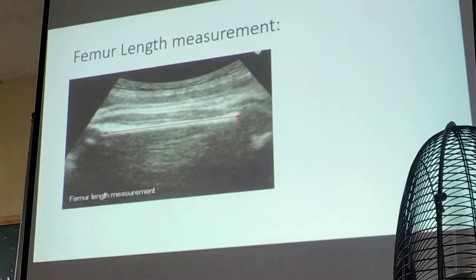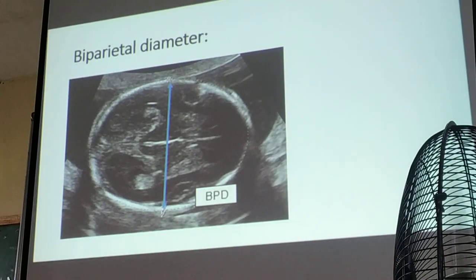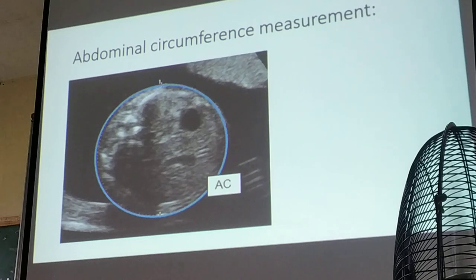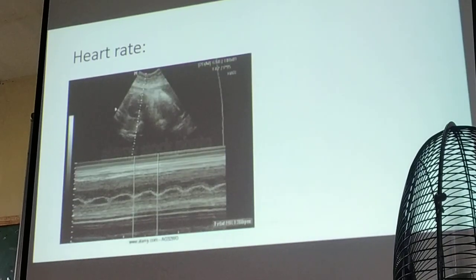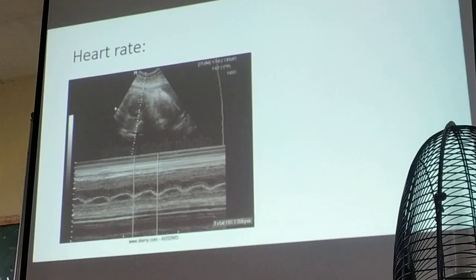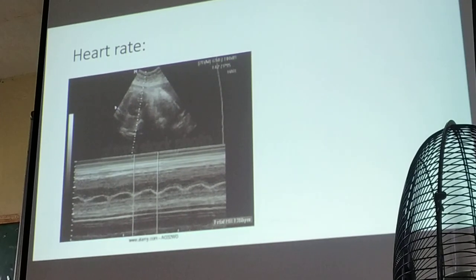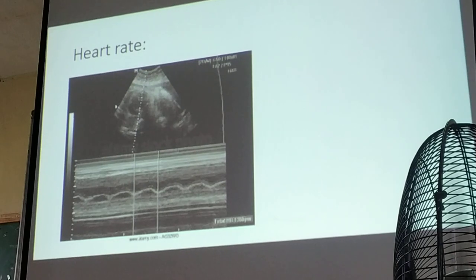So study these three measurements. If I'm going to ask you what measurement, at least you know. Okay? It's very important. This one, this would only prove that the pregnancy is alive.